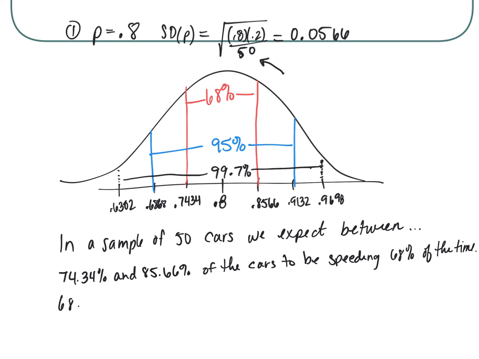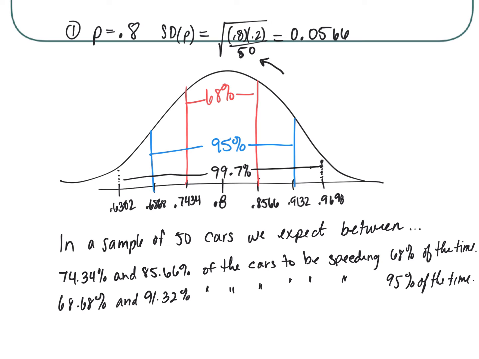And we expect between 68.68% and 91.32% of the cars to be speeding 95% of the time. I'm going to get a little lazy and use a little quotation marks across there.